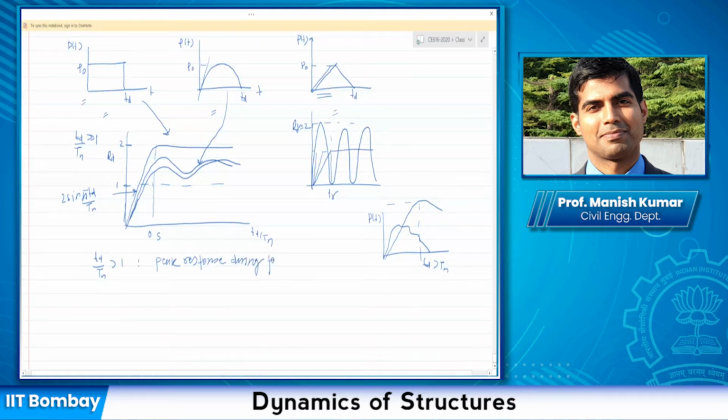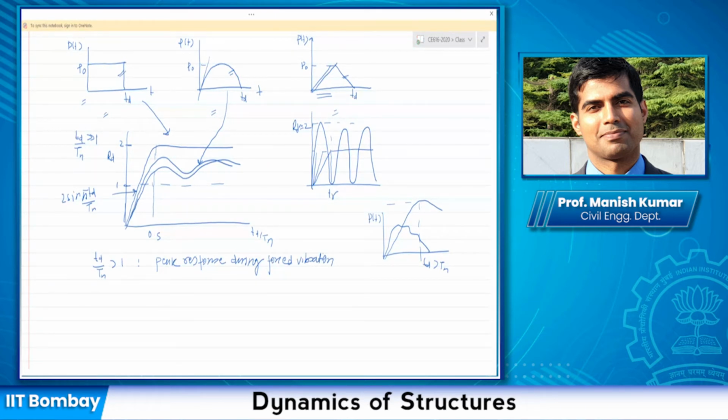The second thing that we need to understand here, given that the peak response occurs during forced vibration, is that the shape of the curve plays a big role in the total response of the system. If it was rectangular, it led to a higher amplification factor.